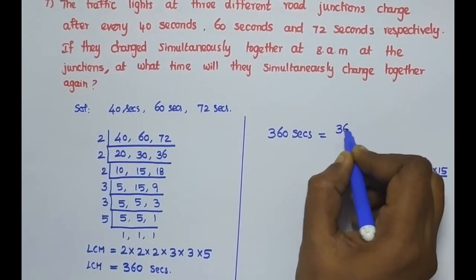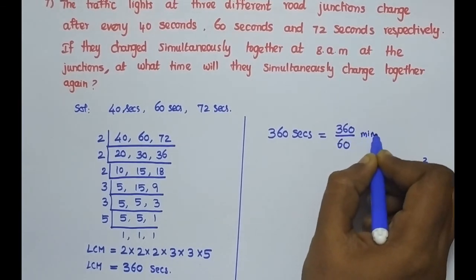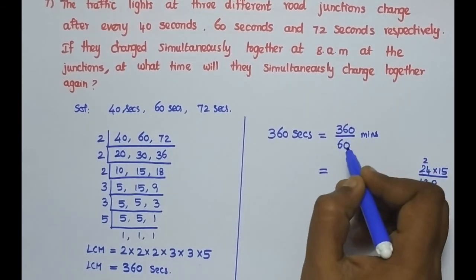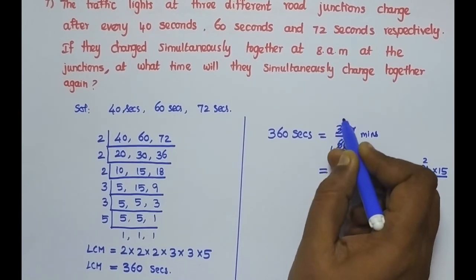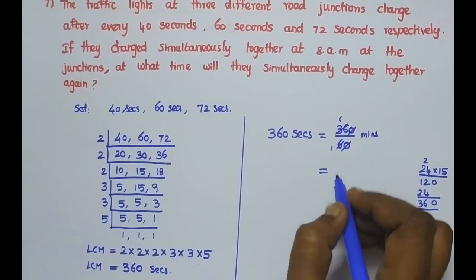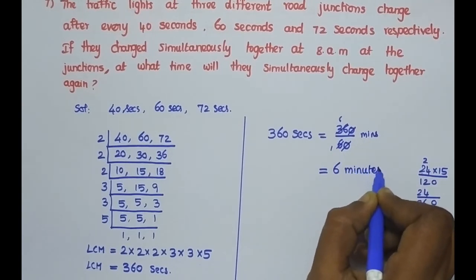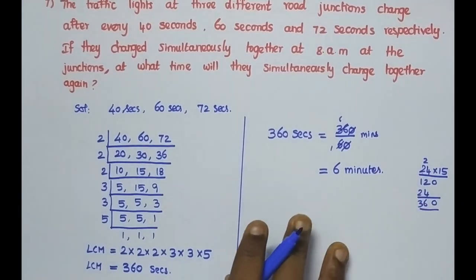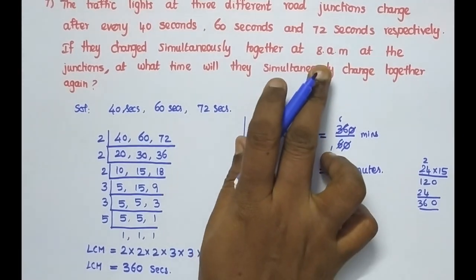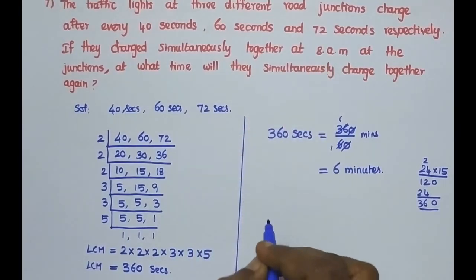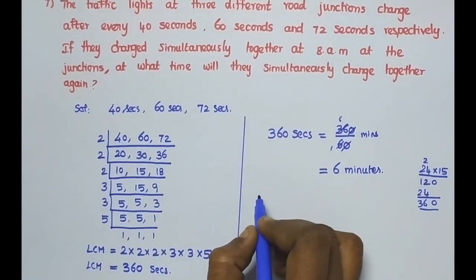That is 360 divided by 60 minutes. 0 0 cancelled. 6 1 is 6, 6 6s are 36. So 6 minutes. So the time difference is 6 minutes. Once 8 a.m. is changed, again it will change at what time? That only they ask.